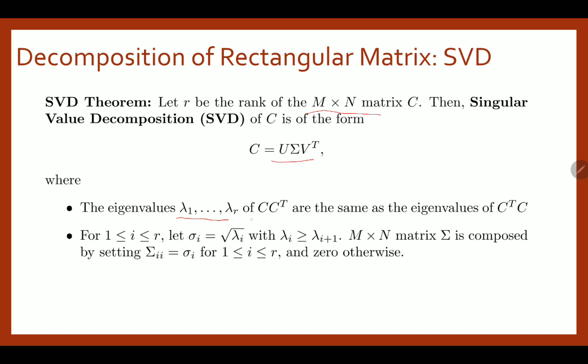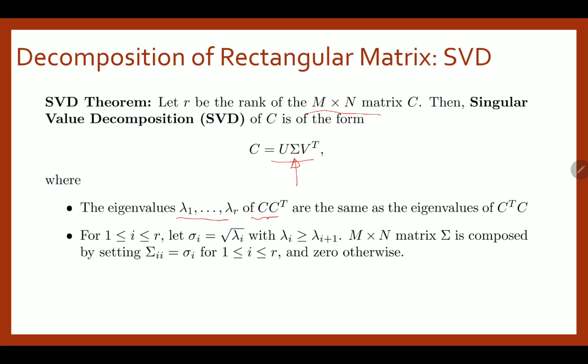They are the eigenvalues of C C transpose or of C transpose C. Both matrices give the same eigenvalues, and then you take the square root of each of these eigenvalues. That is what is called the singular values, and you put them in decreasing order, and all other entries become 0, and that is this big sigma matrix.